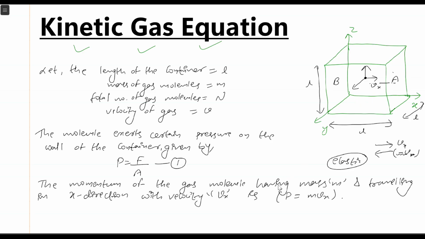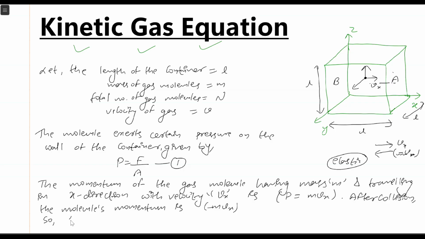Initially the gas molecule had a momentum of mvx. Now after collision the gas molecule will have reverse momentum, right? So after collision the molecule's momentum is minus mvx.